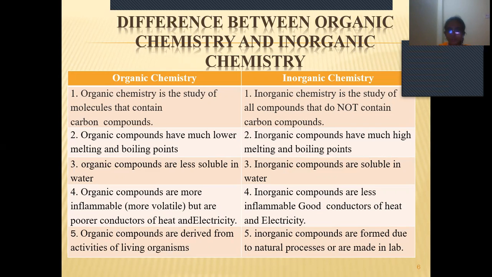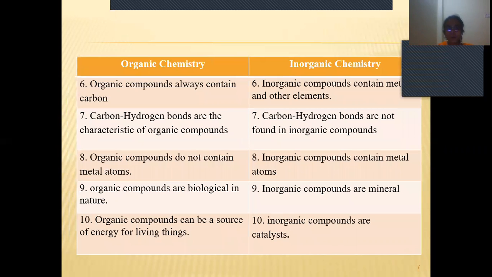Organic compounds are derived from living organisms, but inorganic compounds are mainly obtained from non-living sources, and we can also prepare them in labs. Organic compounds always contain carbon, but inorganic compounds do not contain carbon; they contain other elements.